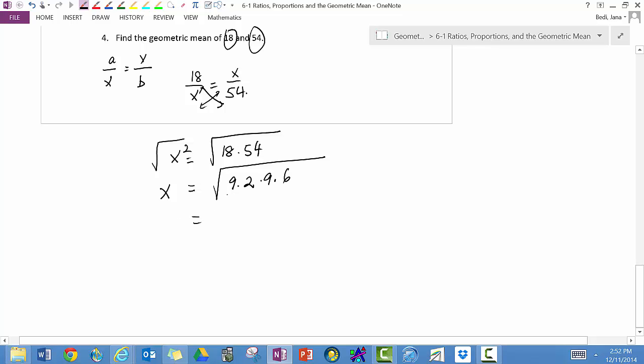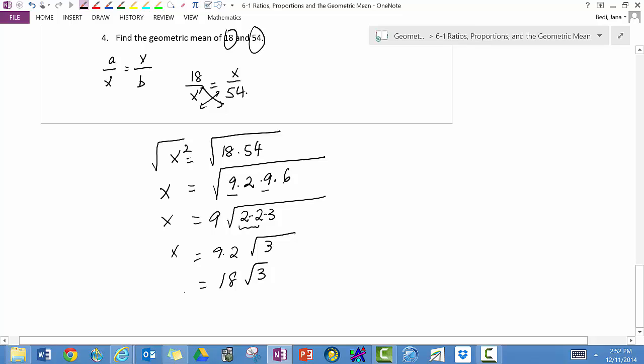So for every pair I can take one outside the radical sign. And now let's look at 2 and 6. I can factor 6 as 2 times 3, so I have another pair, and it's 9 times 2 root 3, so this is 18 root 3.